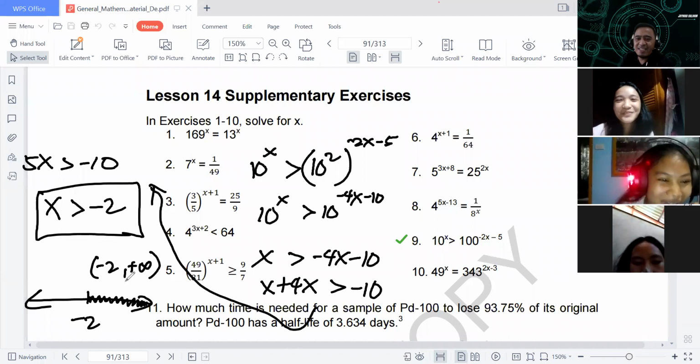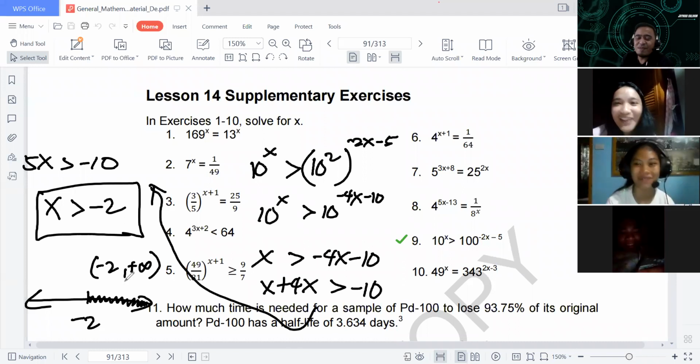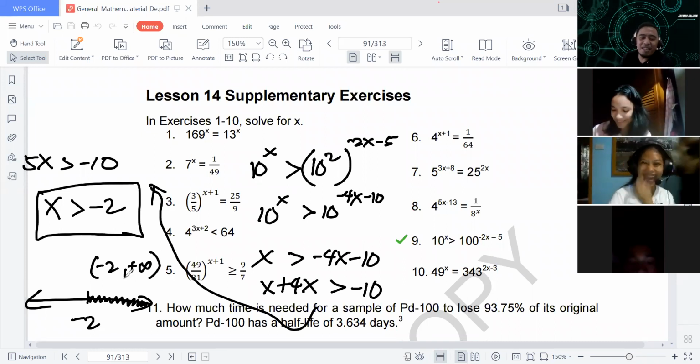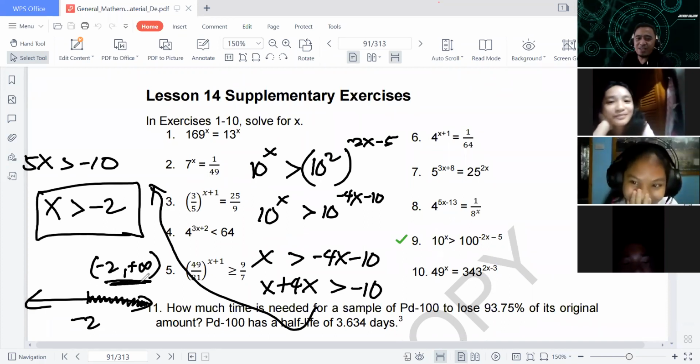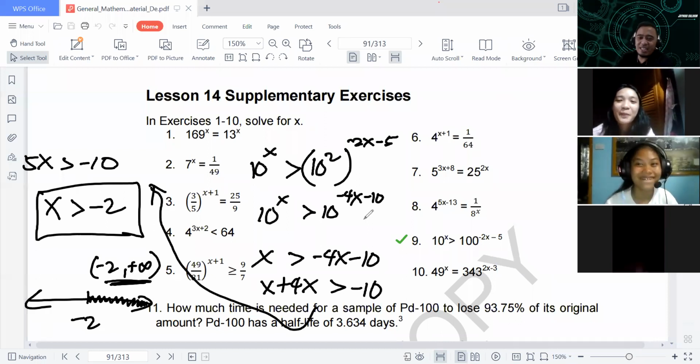Open interval from negative 2 to positive infinity. How will you read this again? The open interval from negative 2 to positive infinity. That is your answer. Okay? So you got it correctly.